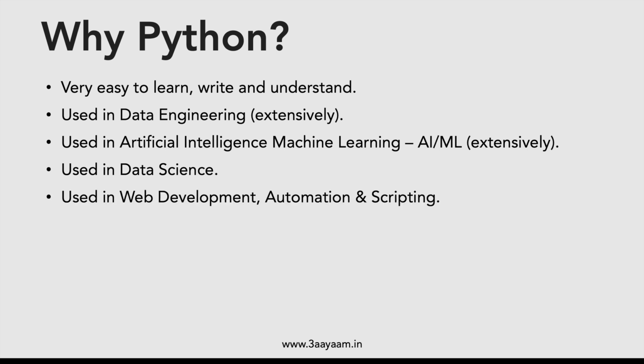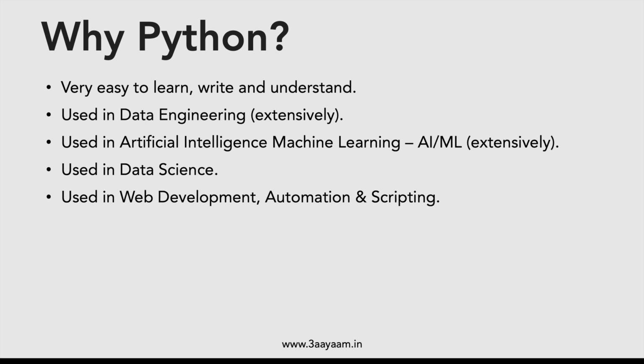It not only stops at the data and ML ecosystem. Python can also be used in web development, automation, and scripting. When I say web development, Python can be used to create microservices, backend programs, etc. And we can use Python for automation of cloud environments and various other platforms.